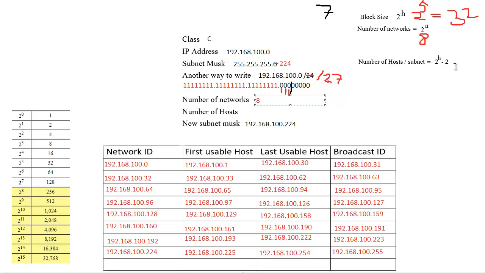So 2 to the power 5 minus 2, which is 32 minus 2. So we have 30 hosts per subnet. That means in every subnet we have 30 valid hosts.